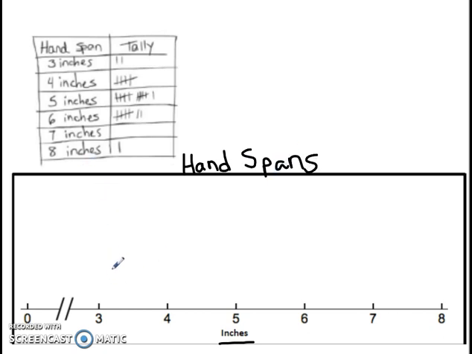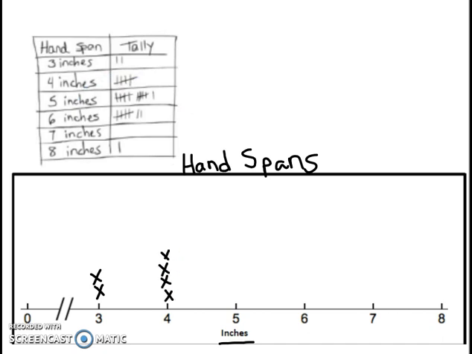Now, in order to do a line plot, you use X's to show each tally mark. So for 3 inches, we had 2 tally marks. So I'm going to place 2 X's above the number 3. Each X represents one person. For 4 inches, I have 5 tally marks. So I'm going to place 5 X's above the 4.